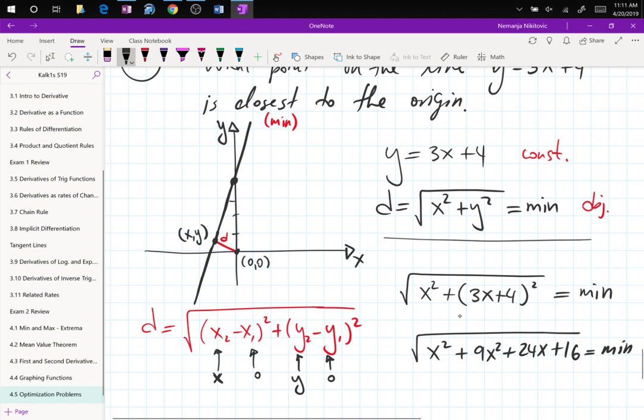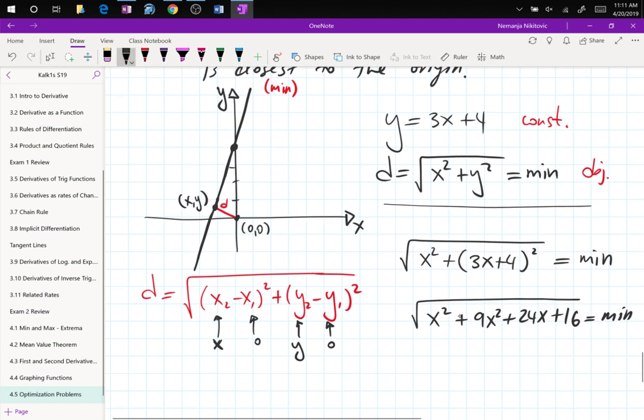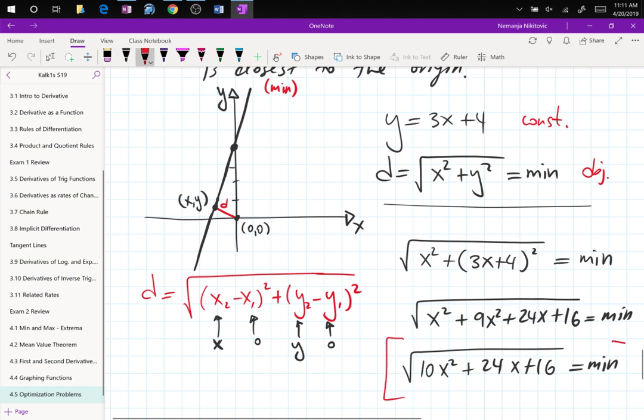When you square this, don't forget the middle term, 24x. Square root of 10x squared plus 24x plus 16 equals a min. There we go. Hit this with the derivative.